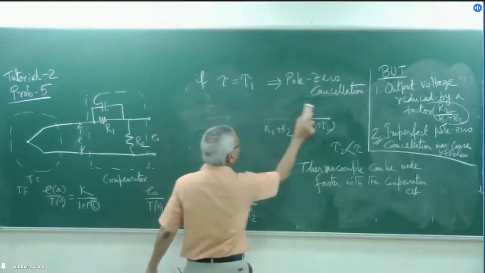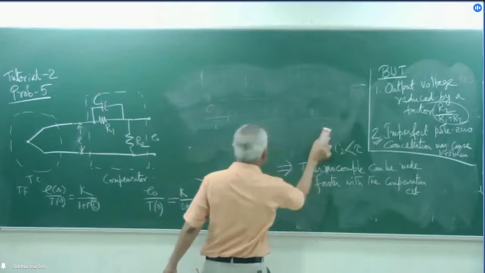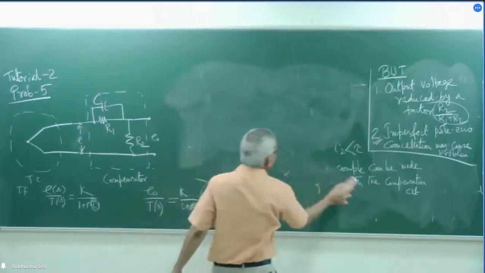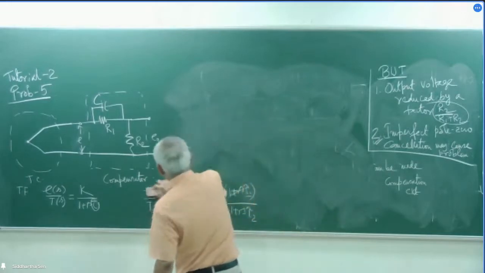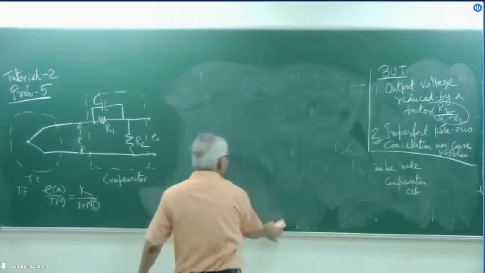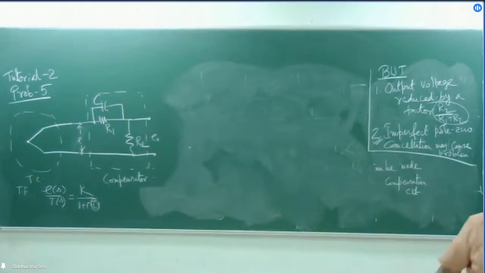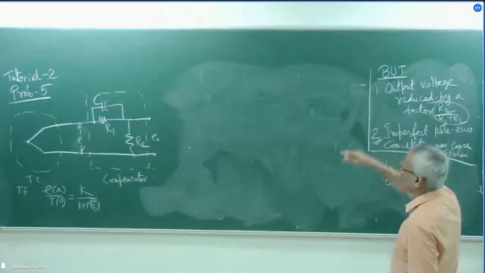So naturally, what could we do to avoid that? Often we require that this voltage is large enough, so we need to amplify it, whereas it is further attenuated.